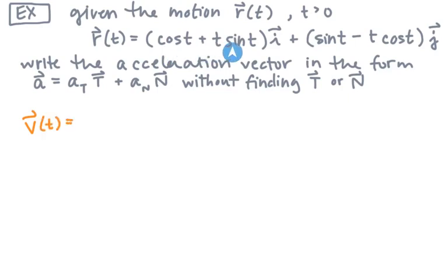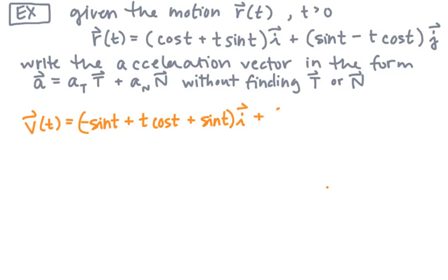So I need to differentiate each of these components. The derivative of cosine is negative sine. When I go to find the derivative of t sine t, I have to use the product rule. So that is first, derivative of sine is cosine t, plus sine t, and the derivative of t would be 1.